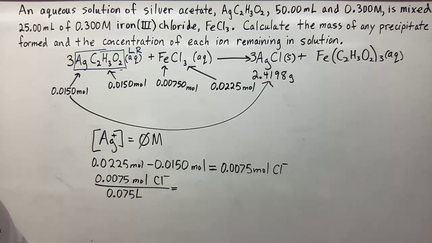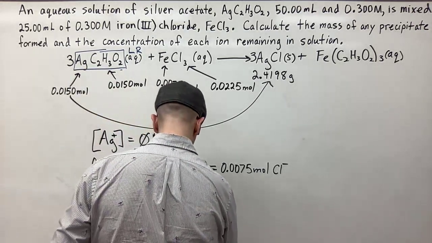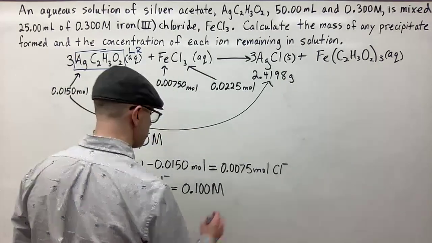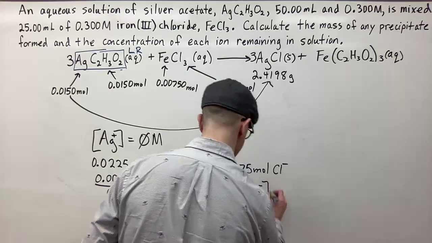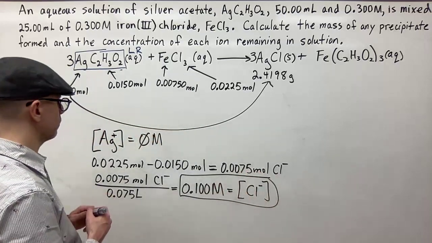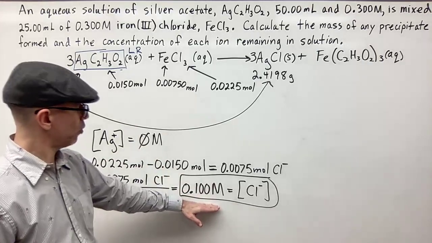Let me just double check. Yep. So I get 0.100 molar, and that's equal to the concentration of Cl- ions in solution. So my silver is 0, my chloride ions is 0.100.